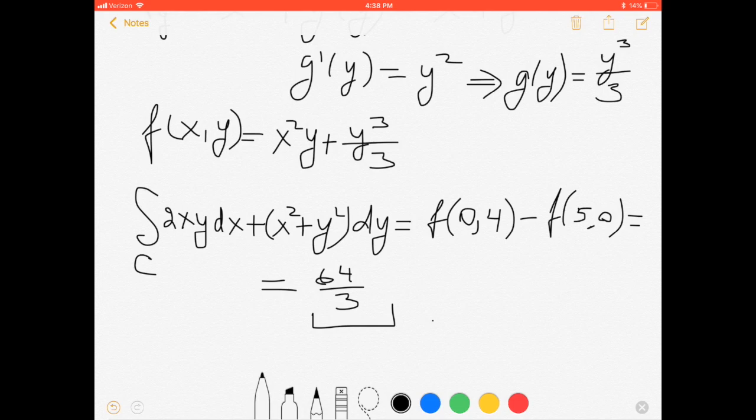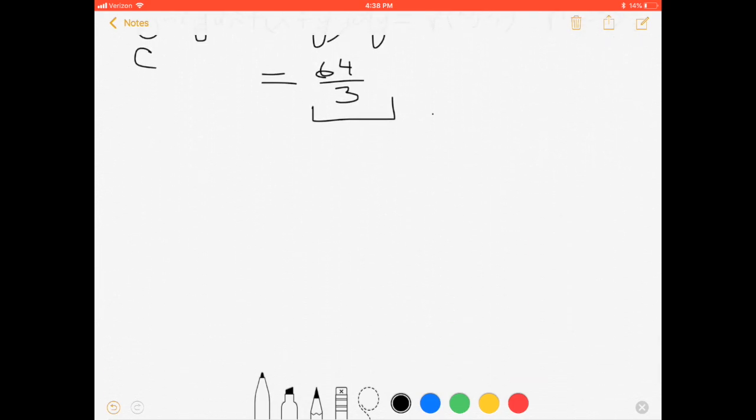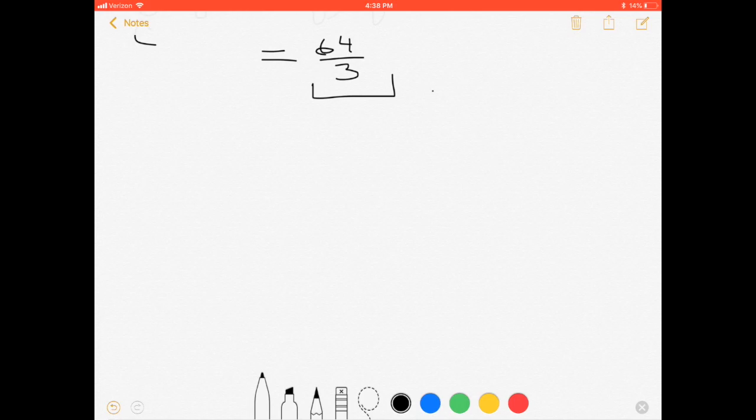Okay, right? And my last question is to use Green's theorem. This is my last question, what number was it? I think it's 16.